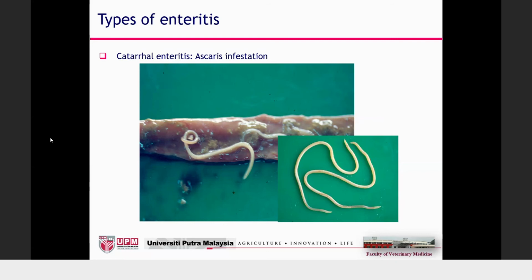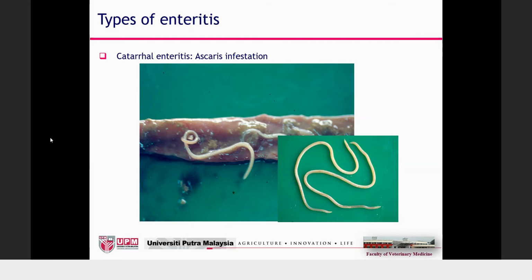So the owner is so happy because of your right treatment and right diagnosis, because this can cause obstruction of the GIT. Remember, severe obstruction, blockage of the GIT, could lead to death of the animal if you don't put in a proper intervention.